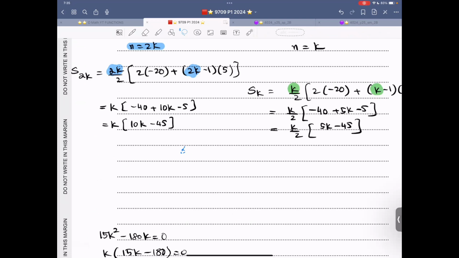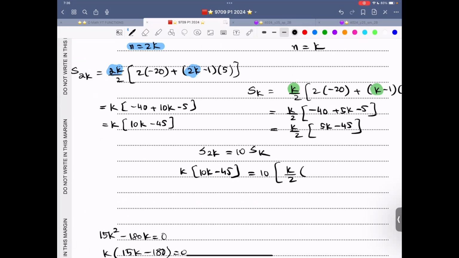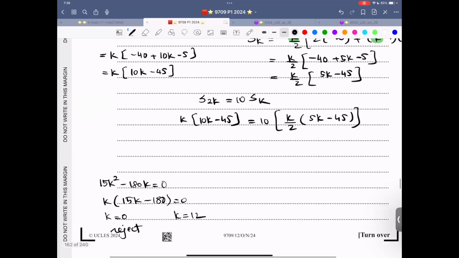So S2K, S2K is 10 times SK. So this is K bracket 10K minus 45 is equals to 10 times K over 2. And this is 5K minus 45. All good, all clear?